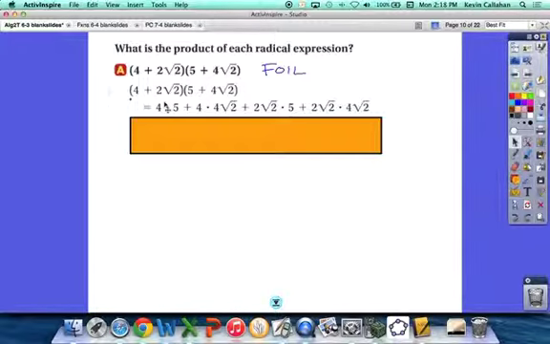The 4 times 5, 20, right? How about the 4 times 4 root 2? 16 root 2, right? And the 2 root 2 times 5, 10 root 2, right? And then at the end, you're going to have 2 times 4, which is 8.